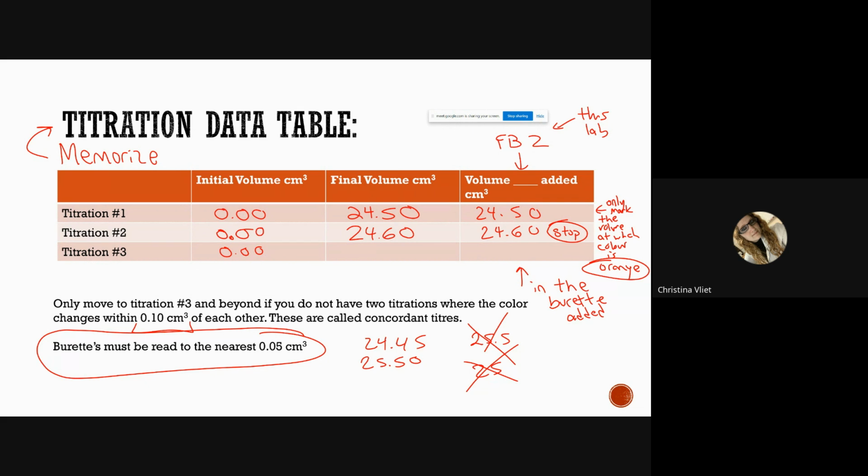This is the volume. Then you weigh the container again.